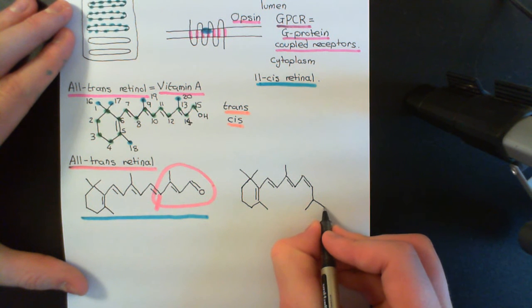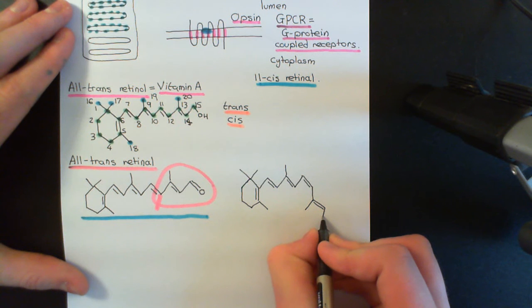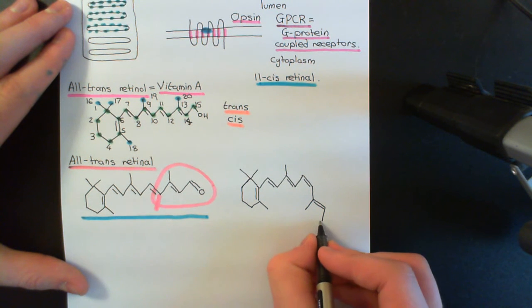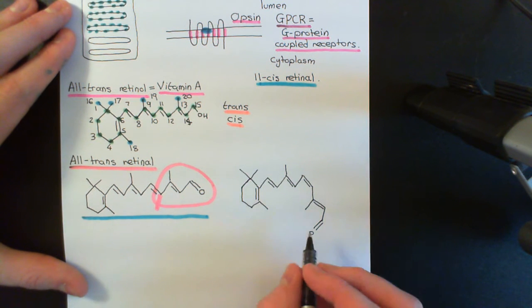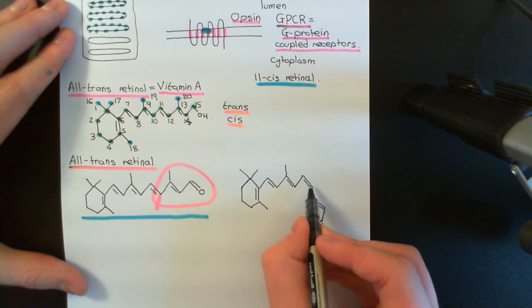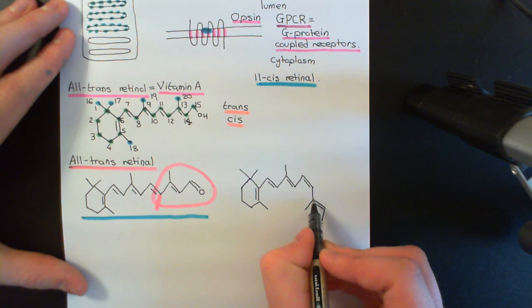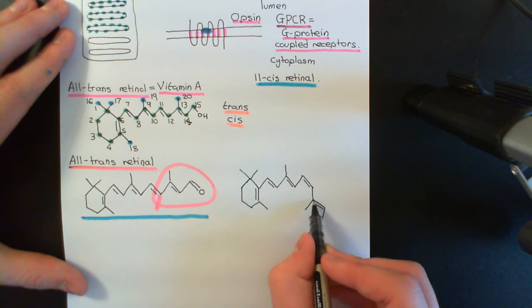Then what we'll have is the double bond between carbon 13 and carbon 14, and we need to make sure it's still in the trans conformation, so we need this coming off like here down to carbon 15, and then we'll just have the aldehyde group coming off here. So I hope it makes sense what I have drawn here. This is now in the cis conformation, so this is carbon 12 here. Here's carbon 13 with its methyl group coming off.